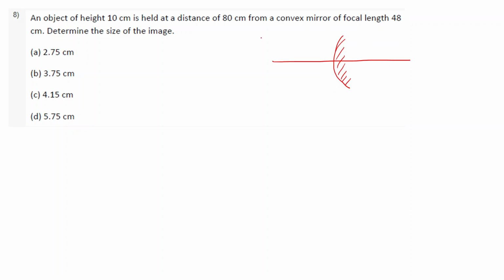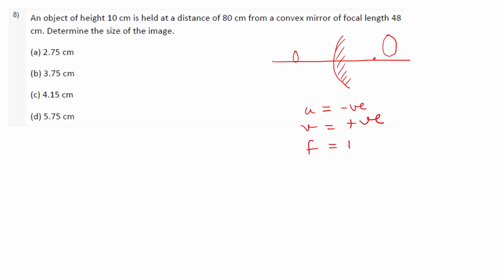And for this, the object will be here, the image will be formed on the other side, that means u will be negative, v will be positive, and focal length will be positive again, because the focus of this mirror is here.